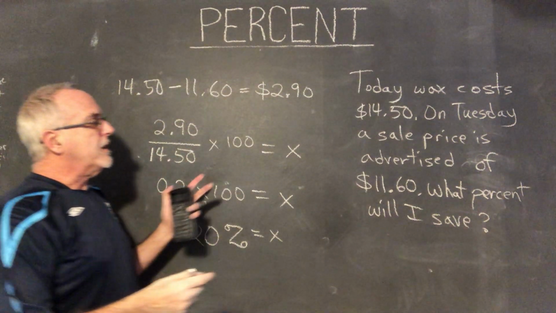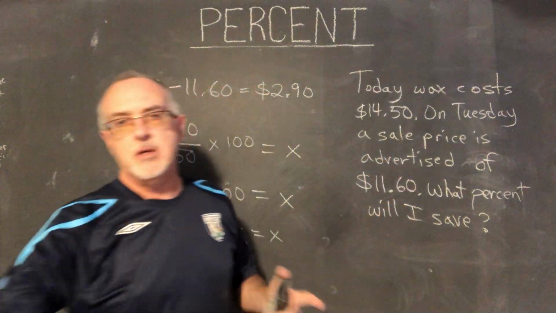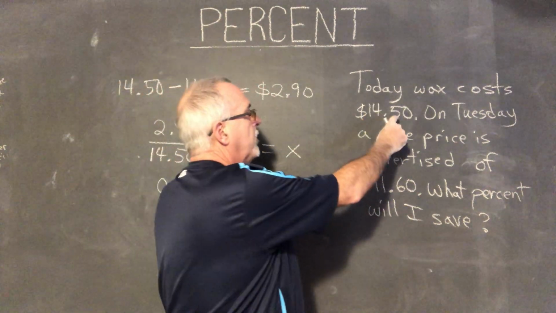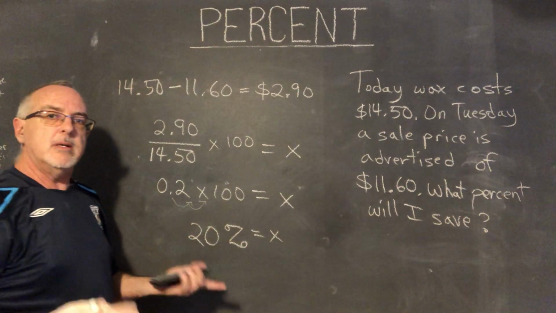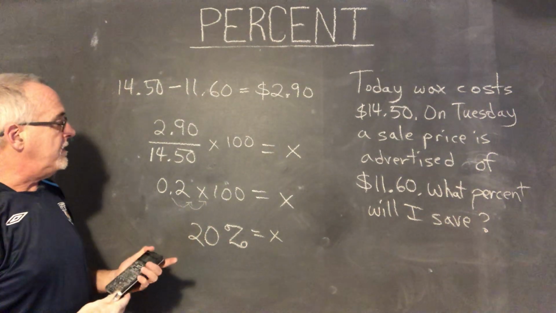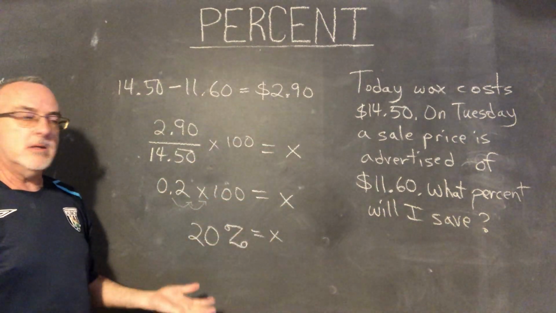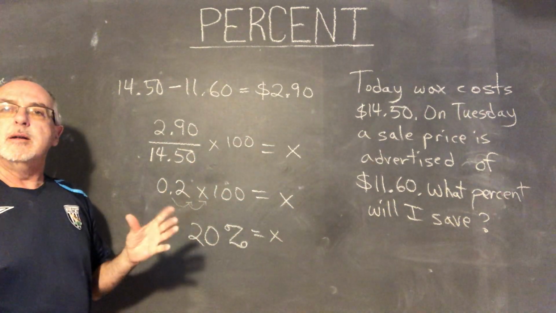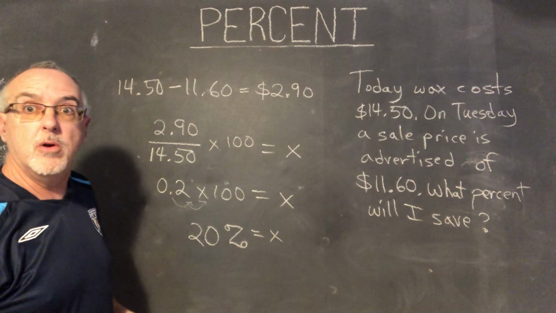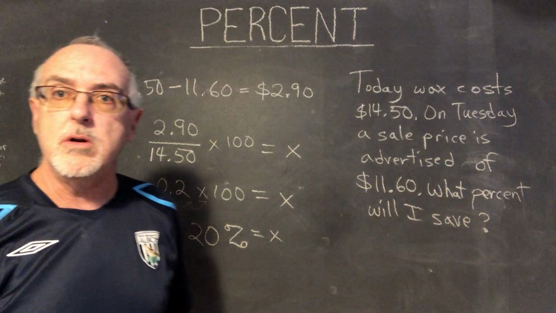So basically, whenever we're comparing prices, whether it's one store versus another store, or before the sale, after the sale, we can always calculate what the percentage is that we're saving. This is useful for calculating discounts too.